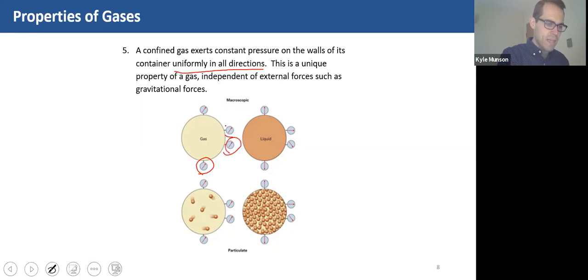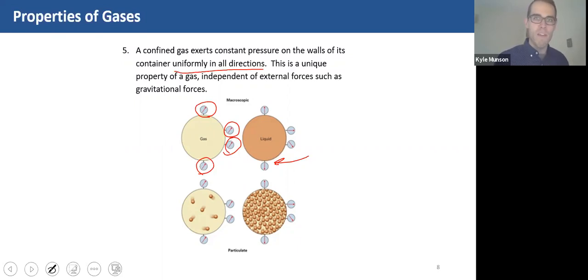And so for the gas, the pressure in this container is the same at the top of the container, at the bottom of the container, at the sides of the container, okay? Whereas for a liquid, if I had a liquid in some container, perhaps the same container that the gas is in, the pressure may not be uniform. And that's what this is showing here, that these pressure gauges show that the pressure may not be uniform for the liquid sample.